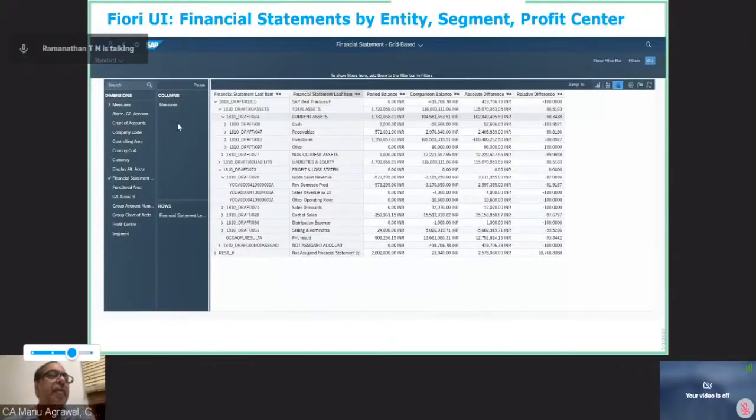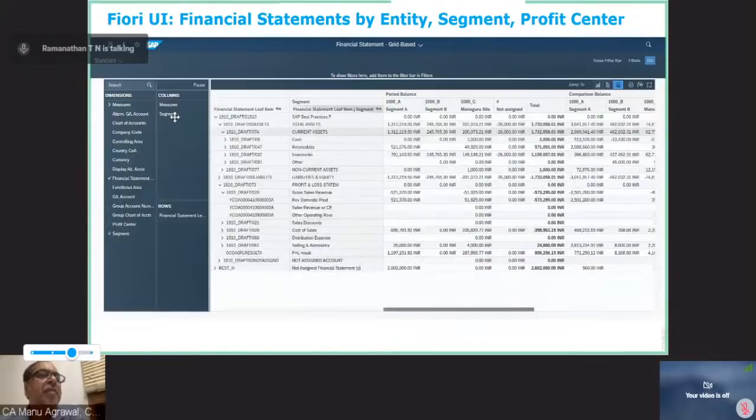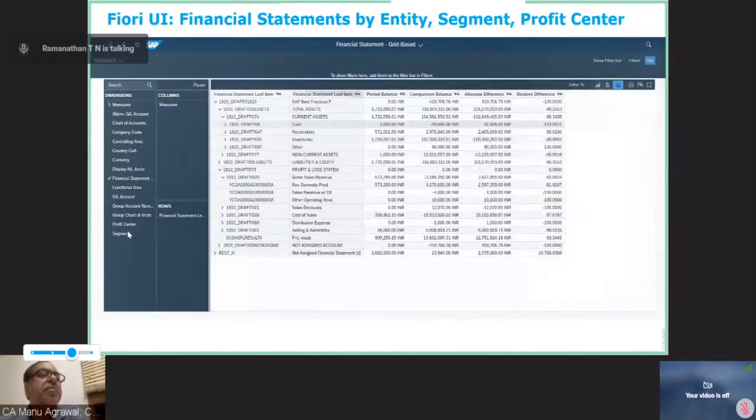So now I'm trying to pick up that information and put it for a business segment, which is an operating segment reporting requirement, which is a mid-point of a statutory reporting requirement, right? So it is the same level of information you are able to see for a segment, like segment A or segment B, or the manufacturing site related segments, on the columns. Or I'm going to also talk about a profit center, which is the management reporting aspect of it.